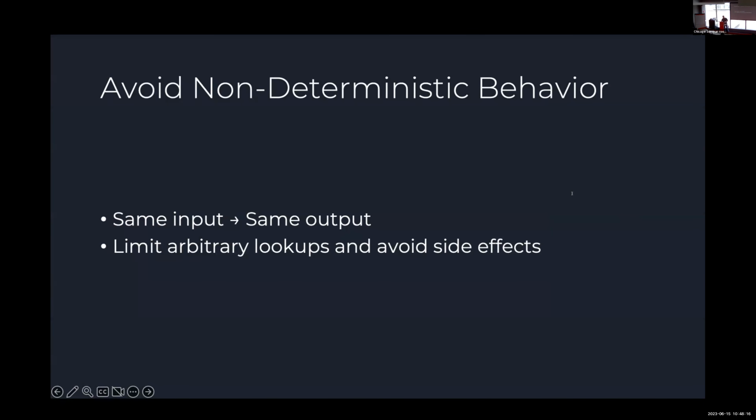Now, this last one is straight out of AWS, the best practices for the CDK. Whenever you're developing with the CDK, you want to avoid non-deterministic behavior. Basically, if you give your CDK resources the same input, you want to always get the same output.